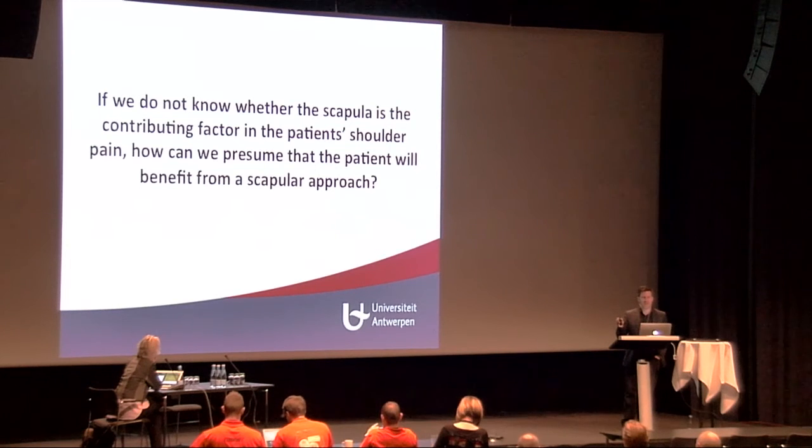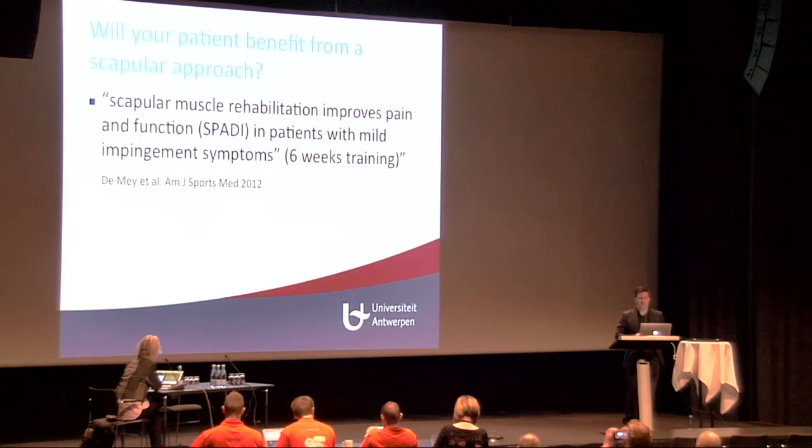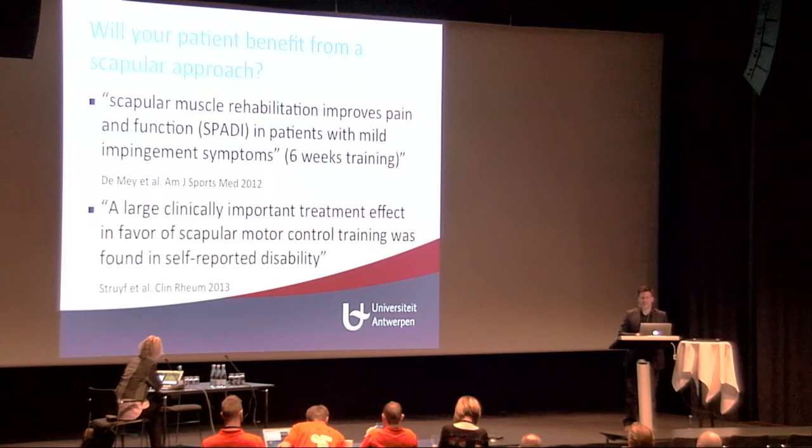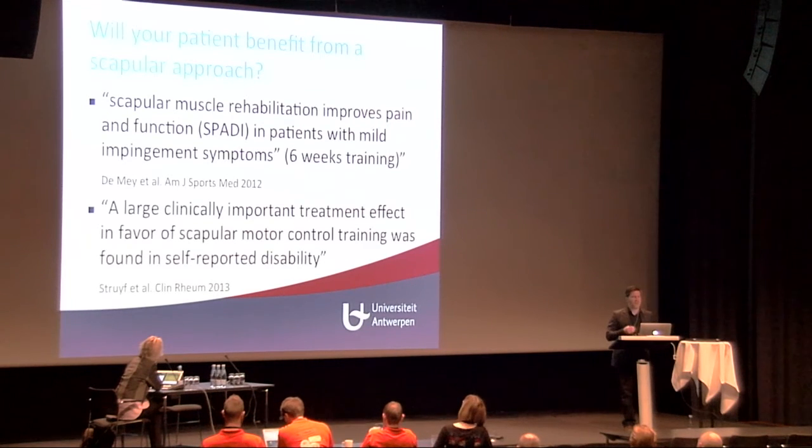For instance, let's look at two different studies, one included in the systematic review, one not. This one is of Christophe de May, which Birgit also presented, which was not included because it's an uncontrolled RCT, and our own RCT is a controlled one. What's the issue here in these two studies? They both demonstrated excellent outcome in favor of a scapular approach program, with or without a control group. The first one without; in our study, the control group had rotator cuff training. But the difference of these two studies with all the other RCTs is that we classified our patients as having scapular dyskinesis together with rotator cuff symptoms.